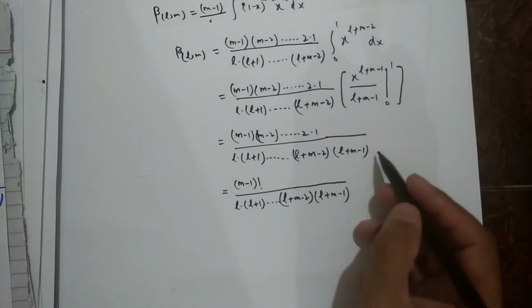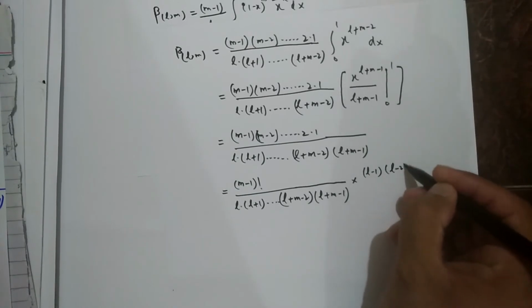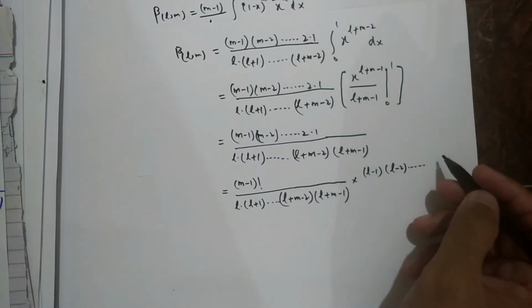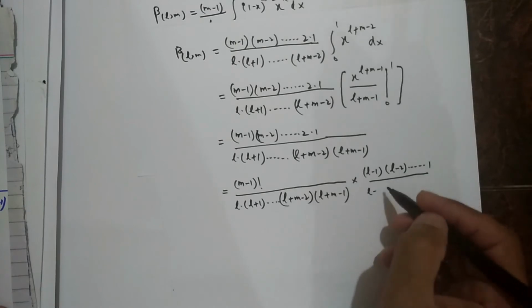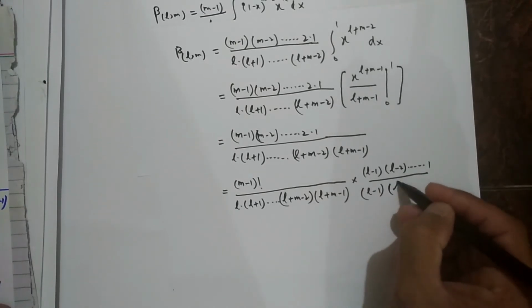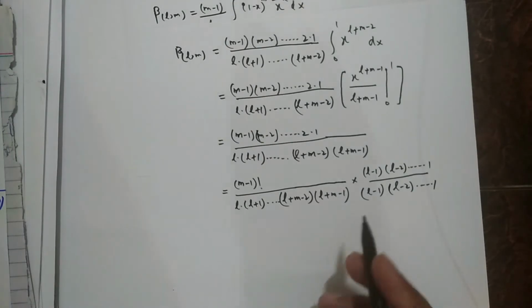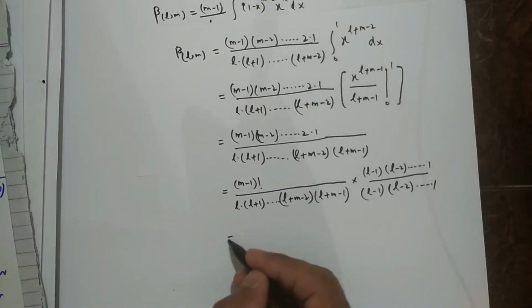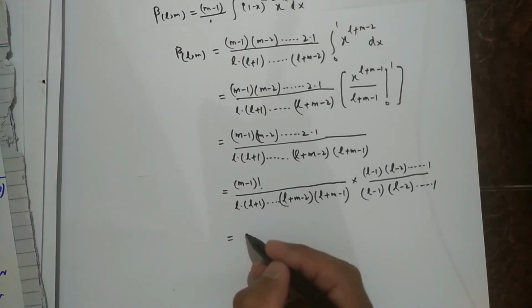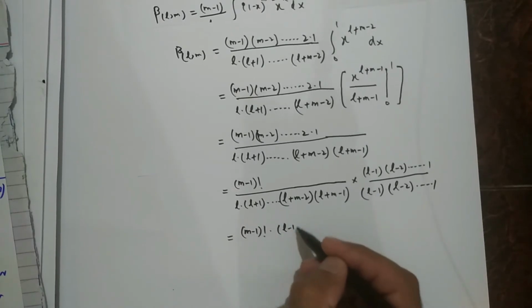If we multiply this equation by, let's suppose, L minus 1 into L minus 2 and up to 3 to 1, and similarly in the denominator multiplying and dividing with this series L into L minus 1 times L minus 2 down to 1, here we see that this is actually L minus 1 factorial, so this is m minus 1 factorial into L minus 1 factorial.